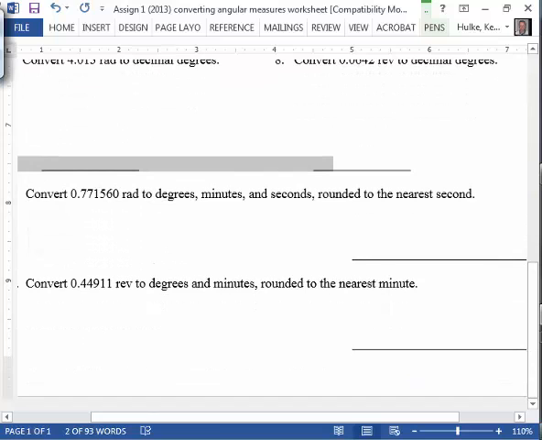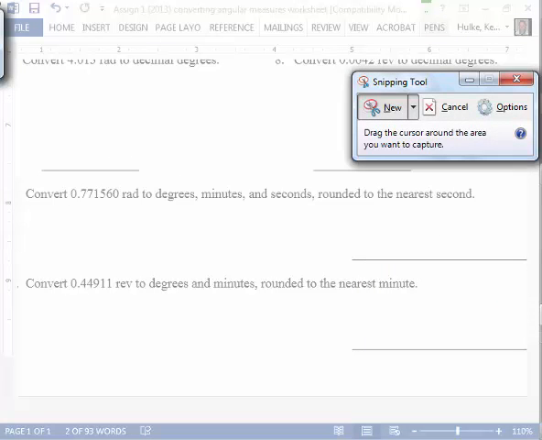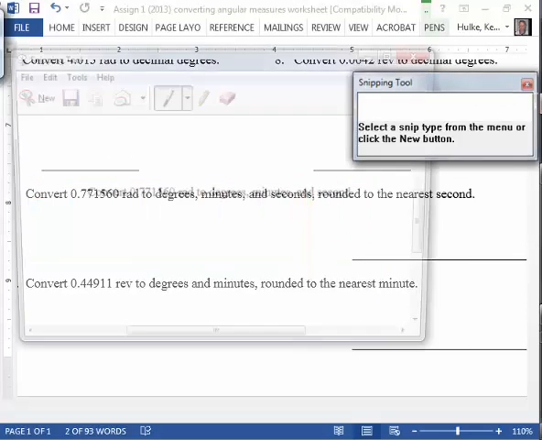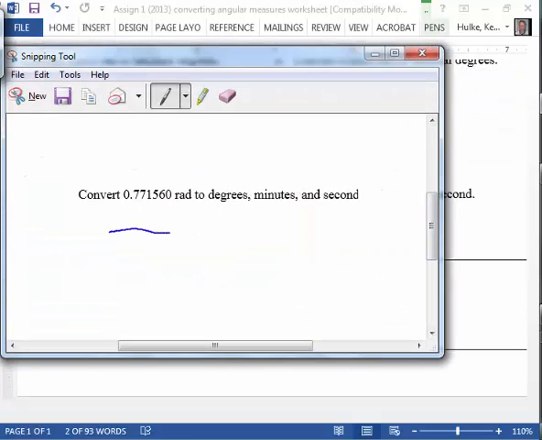Convert radians to degrees, minutes, seconds, rounded to the nearest second. Okay, so that number of radians is in pi radians, as 180 degrees is, so we're going to multiply by 180 and divide by pi.